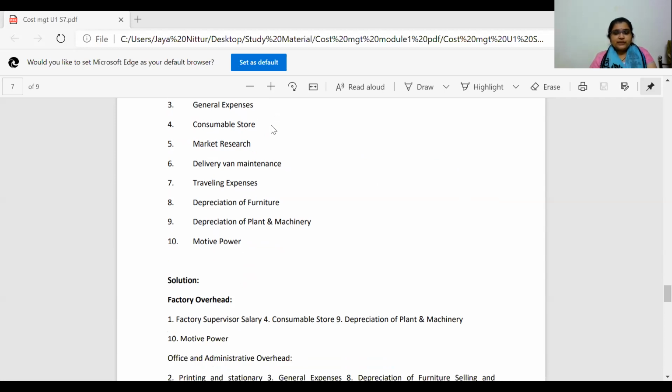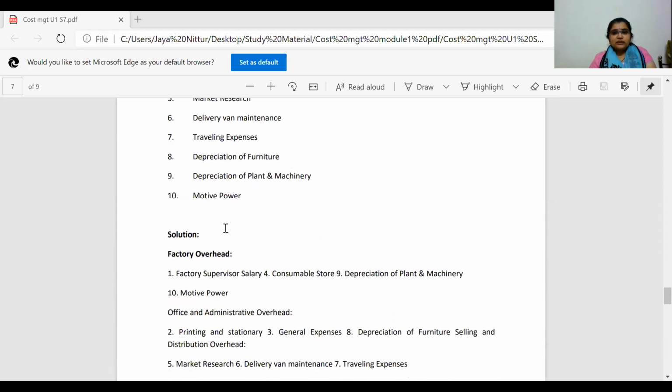Consumable stores will come under factory. Market research will come under selling and distribution. Delivery van maintenance will come under selling and distribution. Traveling expenses come under selling and distribution. Depreciation of furniture comes under office overhead.